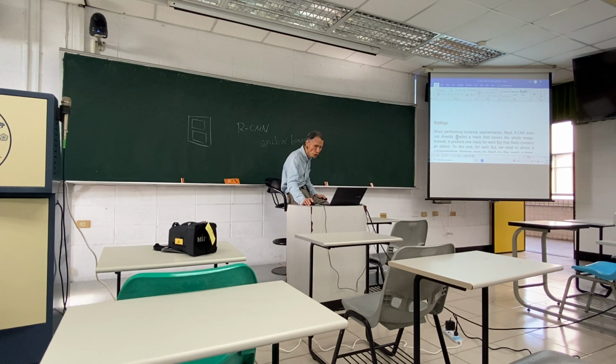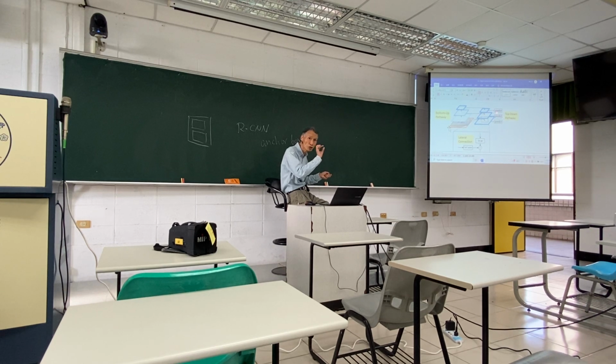And also, in the Mask RCNN, it does not use ROI pooling. It uses ROI align, because when you try to find the region or the anchor box, you need to align the possible anchor position.